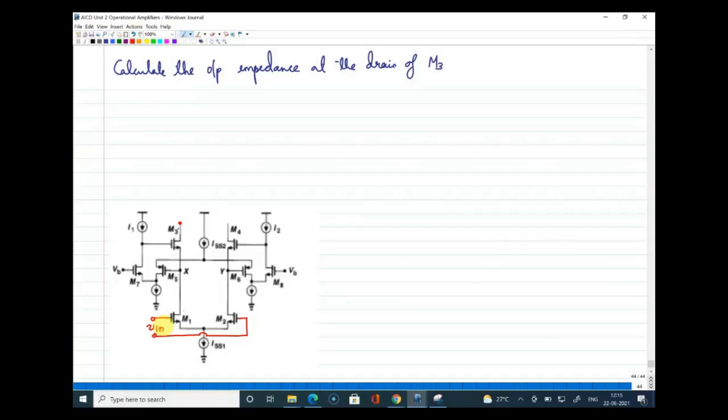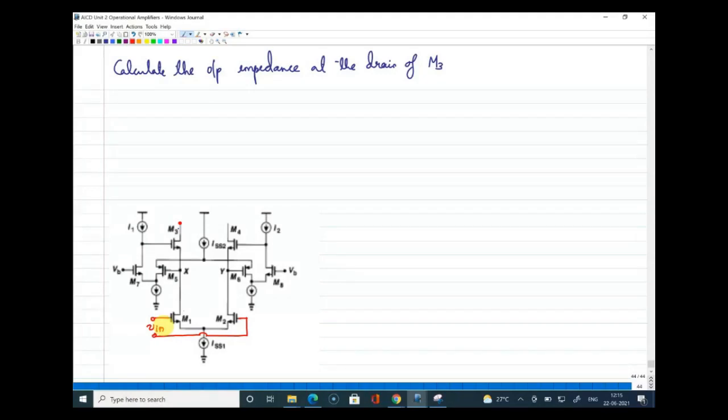You are saying the main amplifier is a differential amplifier and the auxiliary amplifier is a folded amplifier. Very good. That observation is right.